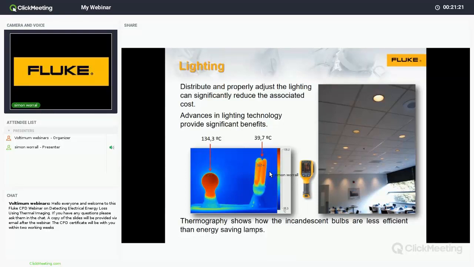It's energy being created as heat rather than light. By switching to the new energy efficient LED and compact fluorescents, we save on the kilowatt hours we use. But as we're going to show you in the next couple of slides, they can have a dramatic effect on the harmonics we have present.